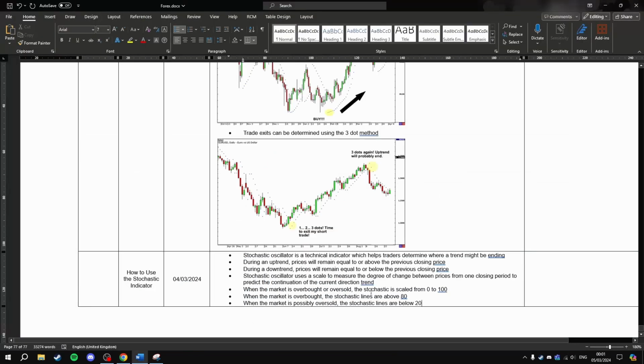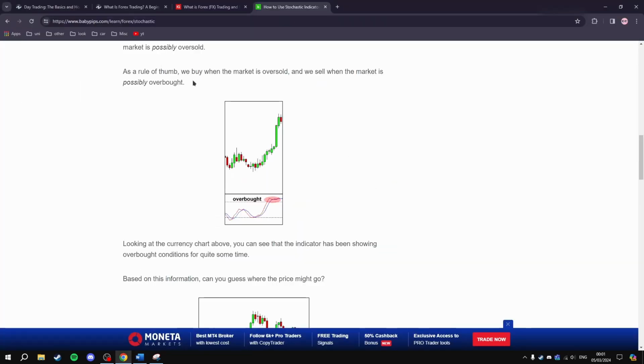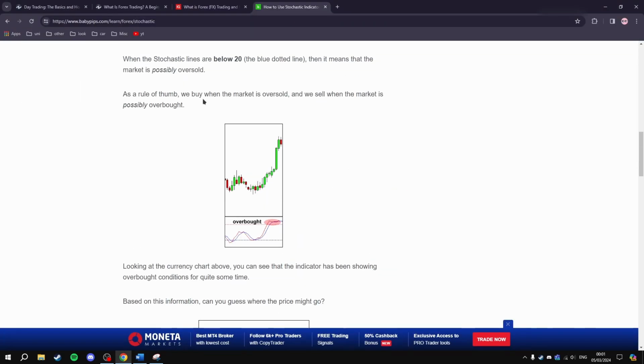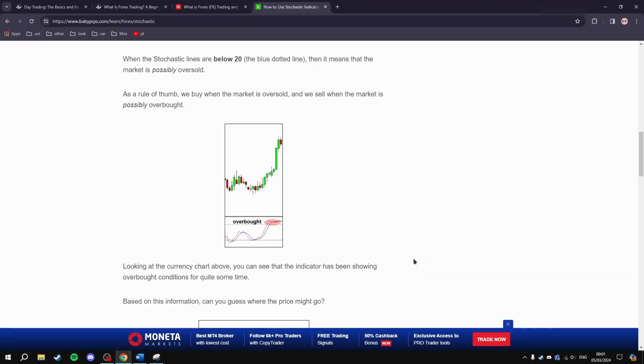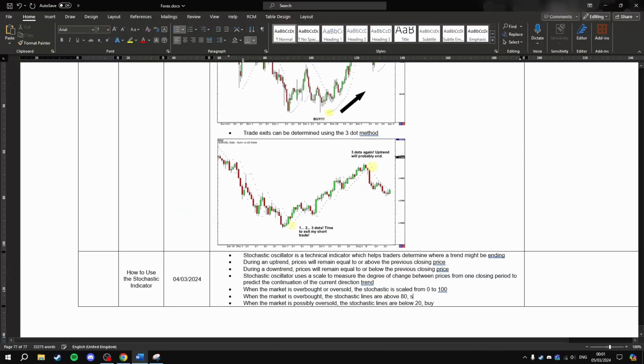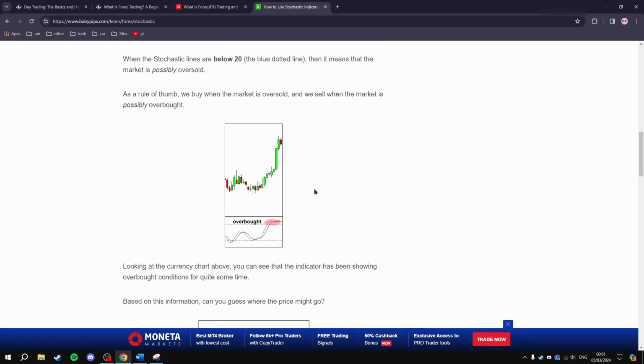When the market is oversold, buy. When it's overbought, sell.